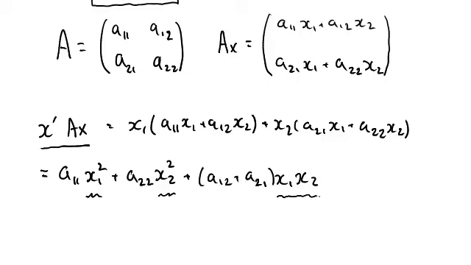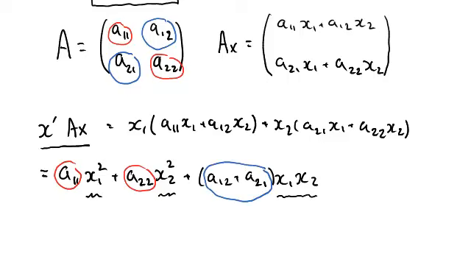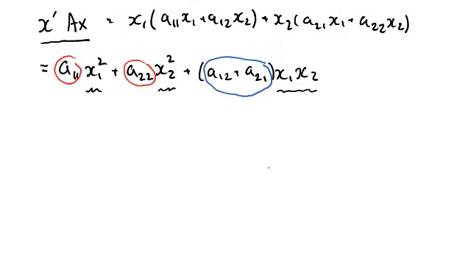And we also see how to interpret the coefficients in the A matrix. The diagonal elements of the A matrix, A11 and A22, will be the coefficients in front of the square terms, while the sum of these two off-diagonal terms will be the term in front of the cross product. If you do a function of 3 variables and you let A be a 3 by 3, you see that the same thing will happen.